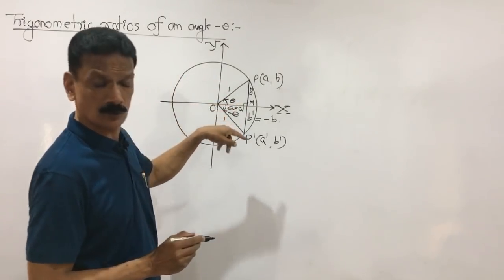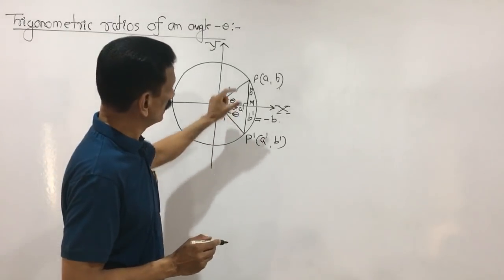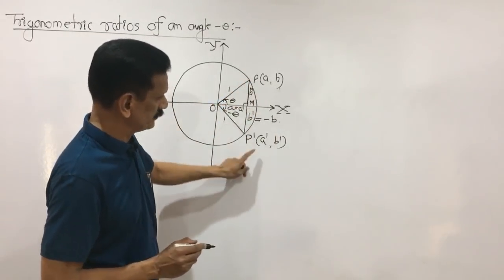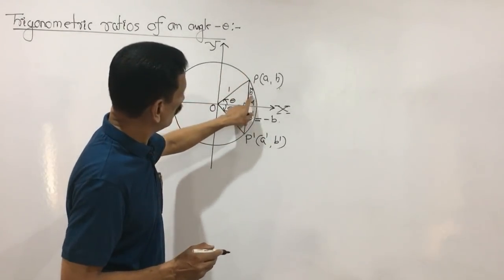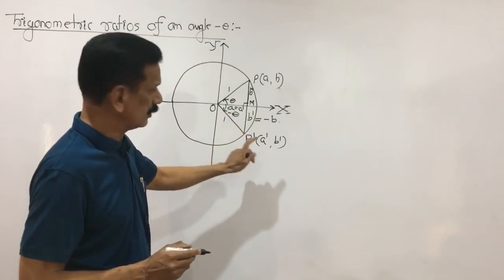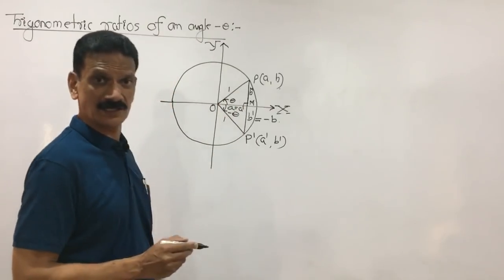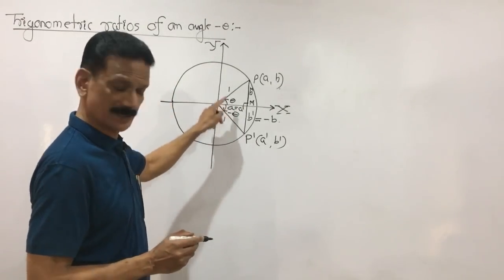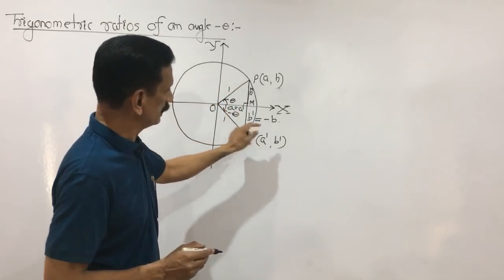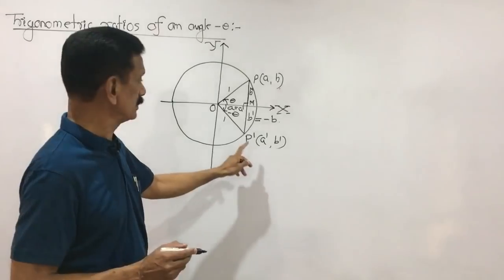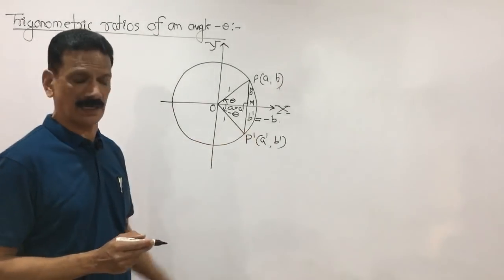M is the common foot of the perpendicular from P and P dash, so OM is the x coordinate of the point P as well as of the point P dash. PM is the y coordinate, which is B, and P dash M is the y coordinate B dash, and PM is equal to P dash M, because these two angles are the same. Here B is equal to B dash in magnitude, but this is on the negative side, because this point is in the fourth quadrant, on the negative side of the y axis, meaning it is minus B.